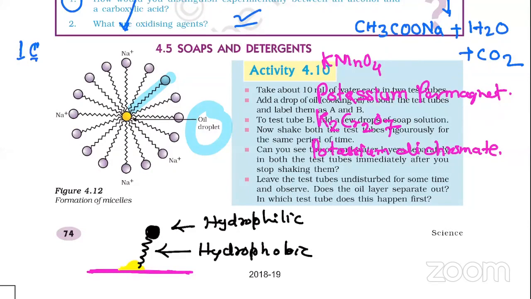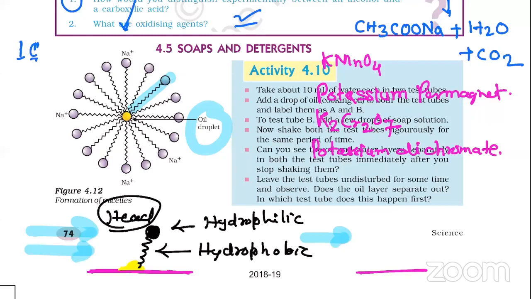Since the head is an ionic part, it can easily dissolve in water. So water molecules will come from this direction and along with the soap molecules, they will take away the oil, and your cloth will become clean.